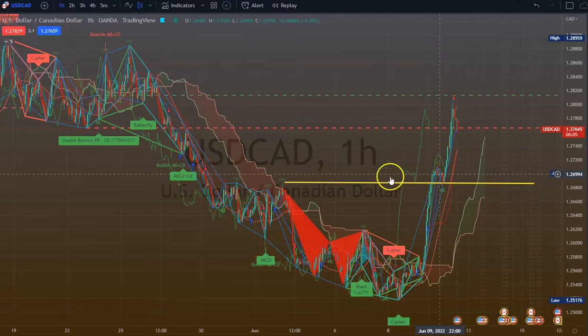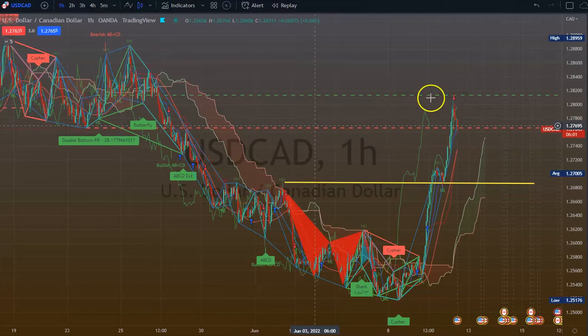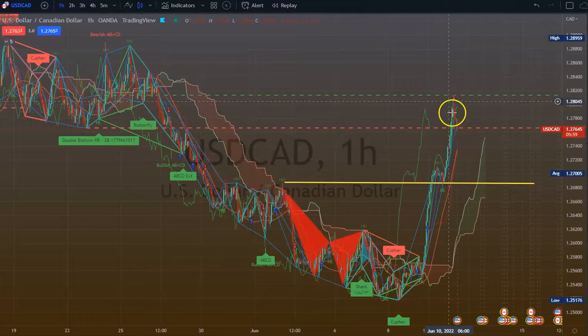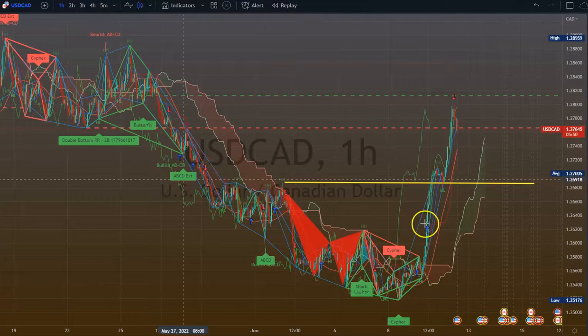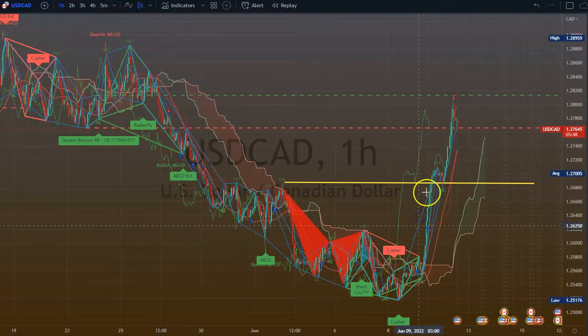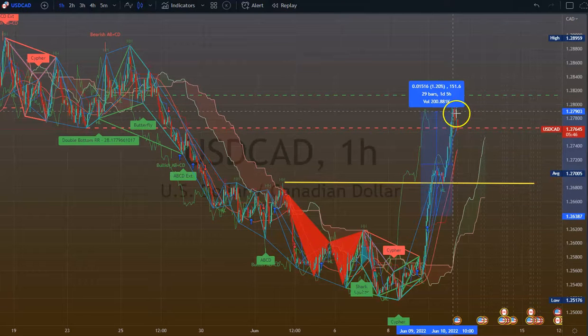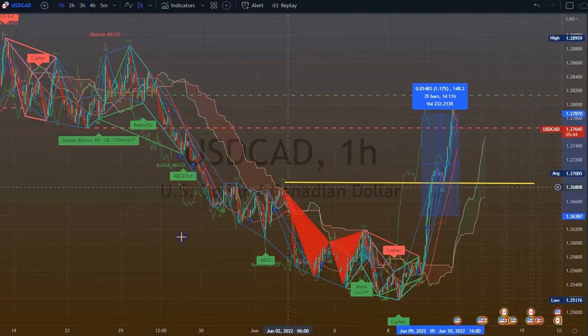It did that little bounce, a little retest. Perfect. Came back in here, and I got out here. So that was a great winner. 150, 48 pips. Yeah, that's it.